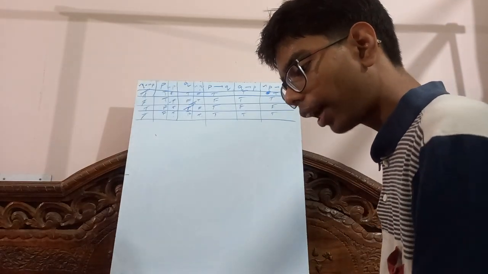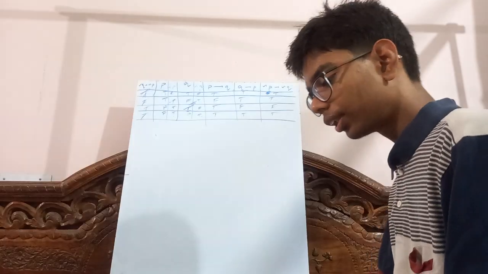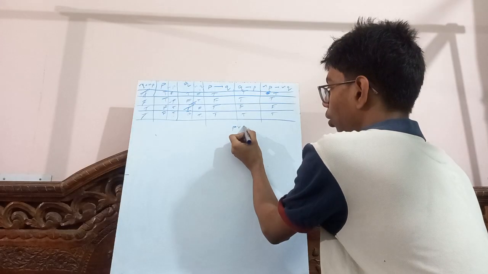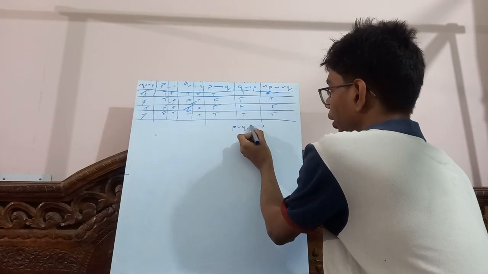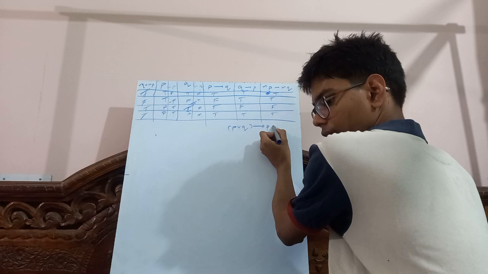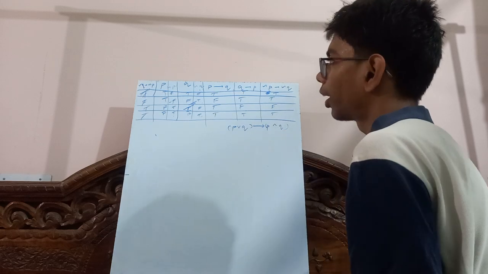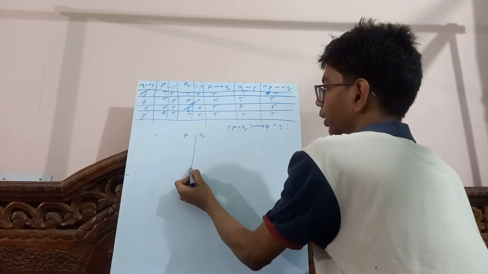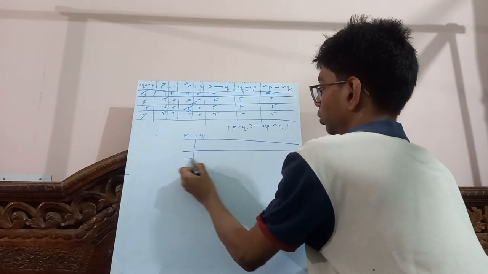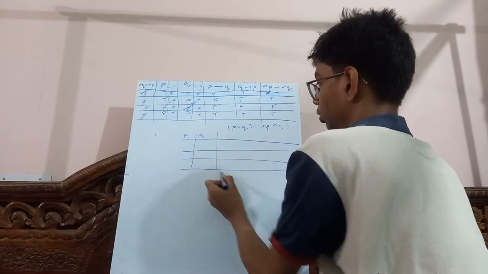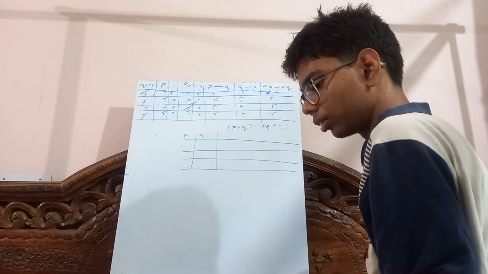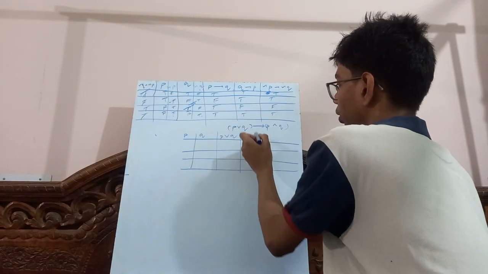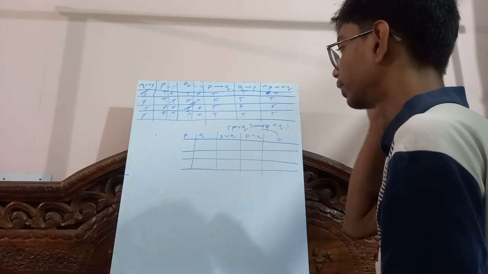Similarly, I have to make a truth table for this: P or Q, arrow P and Q, right? So I will simply make the truth table here, with P or Q, P and Q, and then this statement, this proposition.